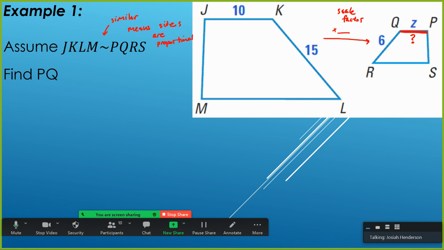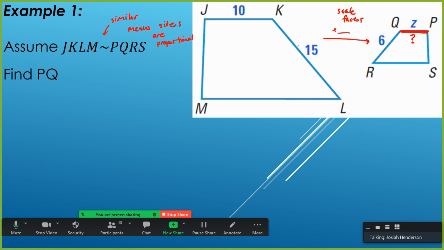So if I'm supposed to find QP or PQ, the little segment labeled Z right here, see how that's comparable to the side length of JK on the left. Now, how do we know that those two are comparable? We have to match up the images visually to see which ones go together.